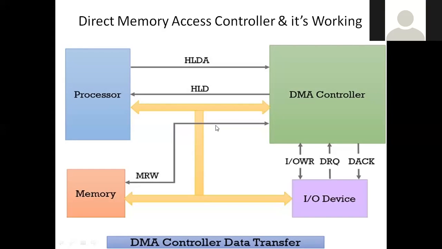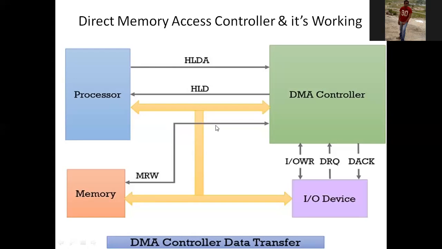Then the IO device understands it got the permission from the DMA controller to transfer the data. So the data transmission is performed between memory and the peripherals.